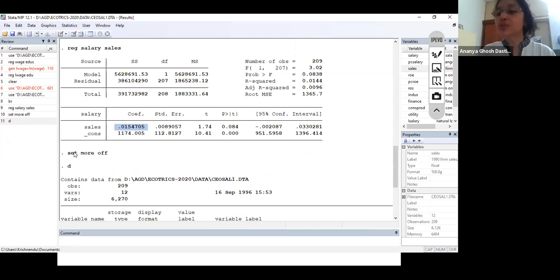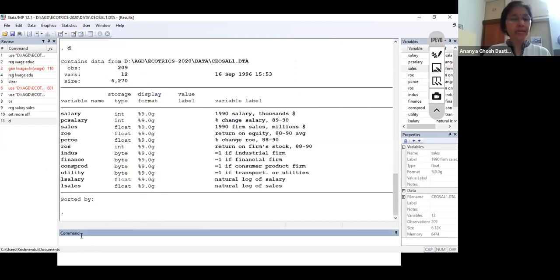If you want to say a $100 million increase, you multiply 15 by 100, and you say that a $100 million increase in sales will increase the CEO's salaries by $1,500.